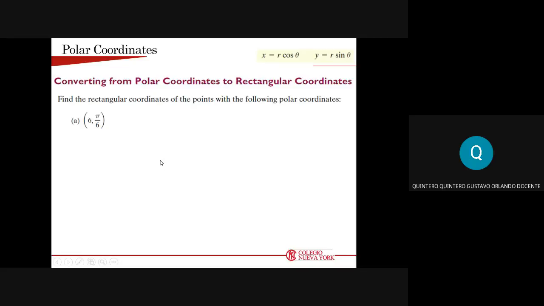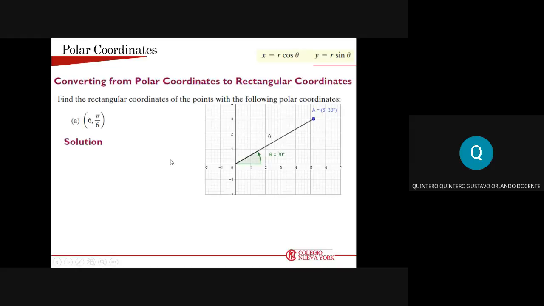But how? Okay, the first thing I would do is plot the point. If I plot it, it will give me ideas on what are the other coordinates. Look, plotting this 6, pi over 6 means an elevation of 30 degrees, right? Because pi over 6 is 30 degrees. And then a distance from the origin of 6.